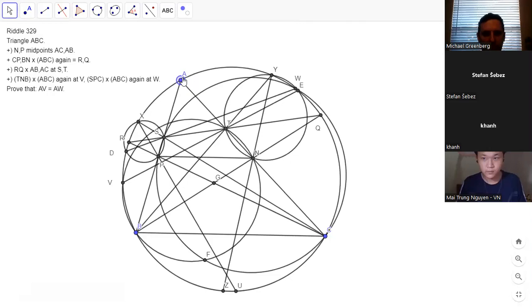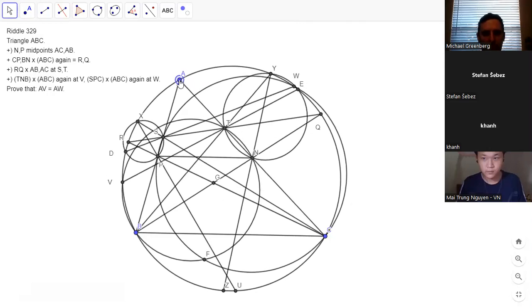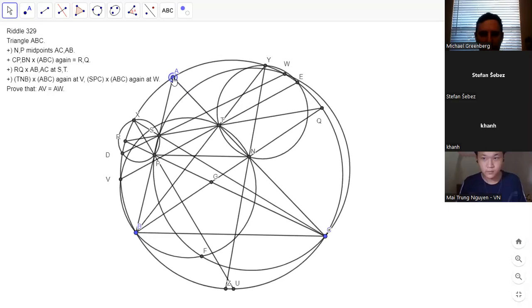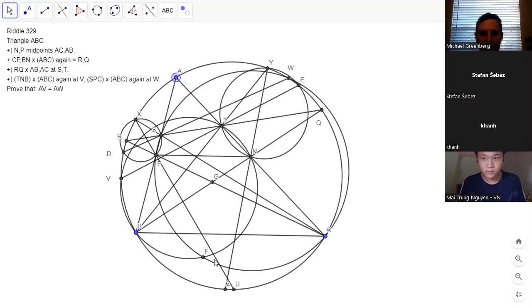All right. Now W and E look kind of close together, but it's a little better. All right. ZU is parallel to BC.